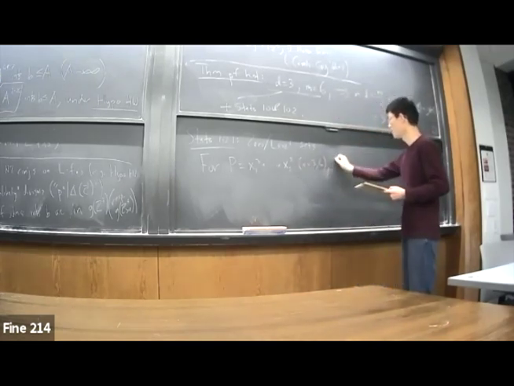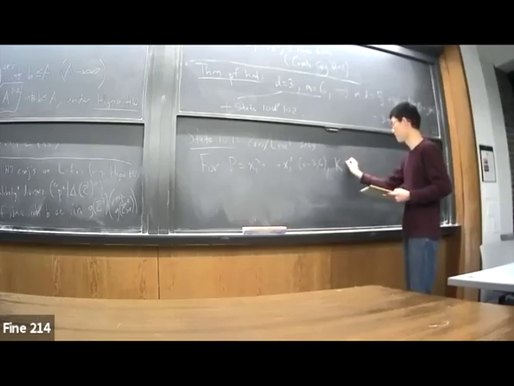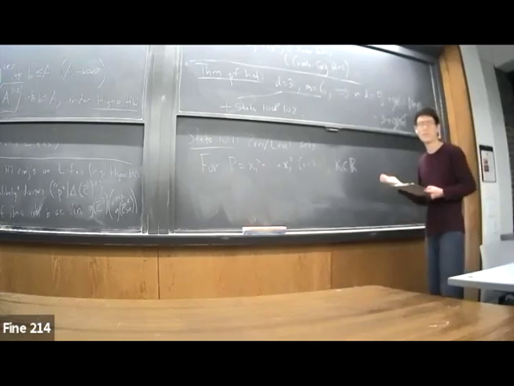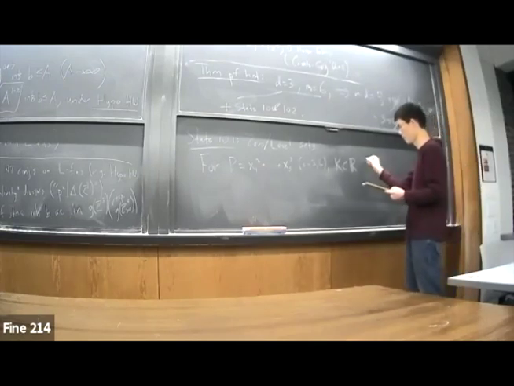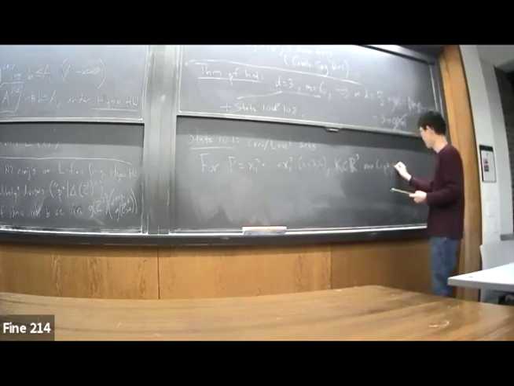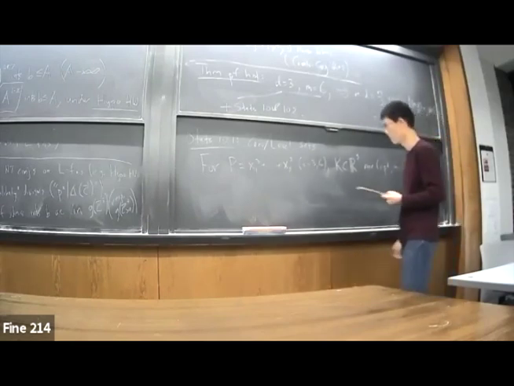I'm going to need to look at not just boxes, but also some weirder regions. So let me call a region nice if it's compact and semi-algebraic. This is general enough for my needs.